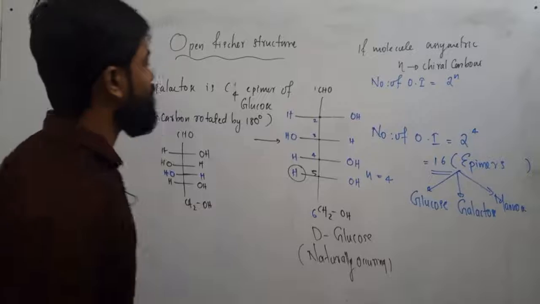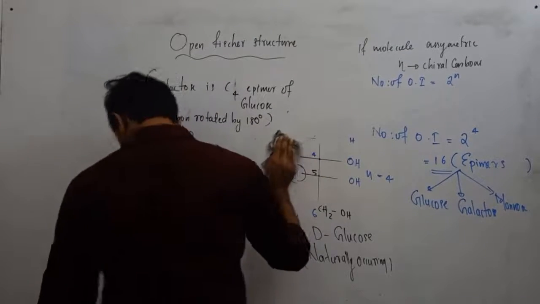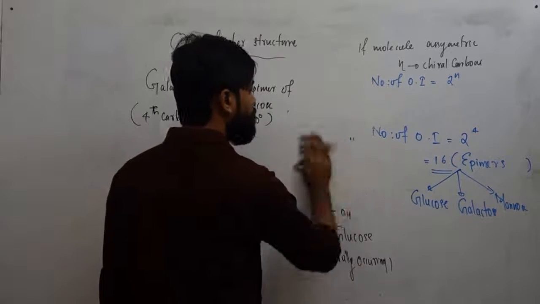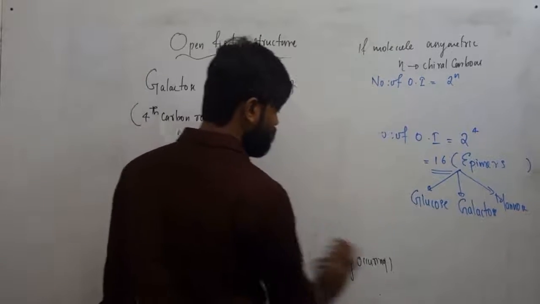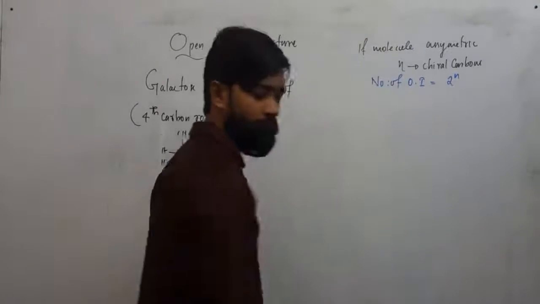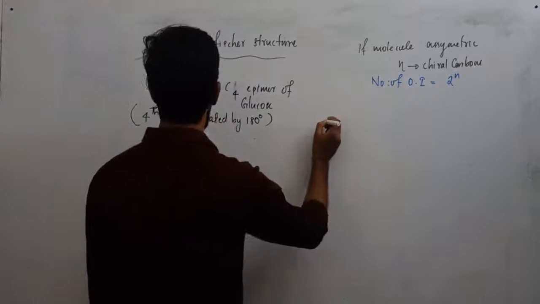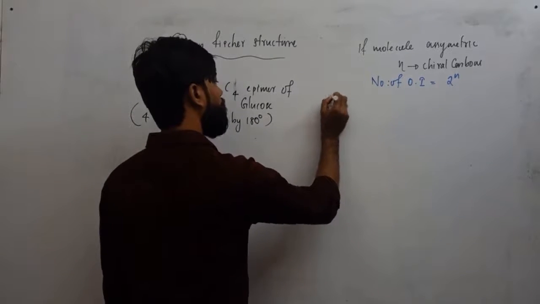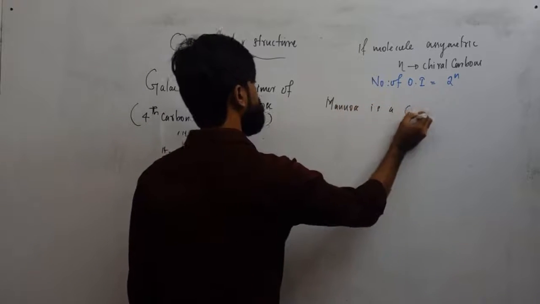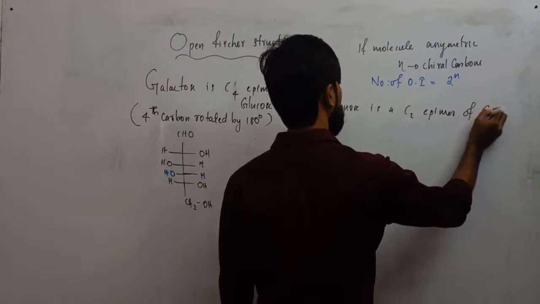Then what about mannose? Mannose is a C2 epimer. Mannose is a C2 epimer of what? Glucose. Mannose is a C2 epimer of glucose. So let's check how a C2 epimer can form. Mannose is a C2 epimer of galactose.